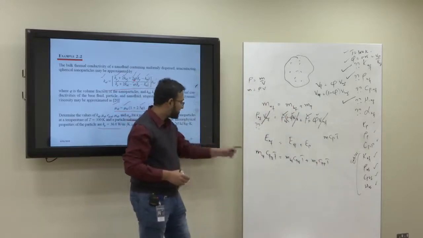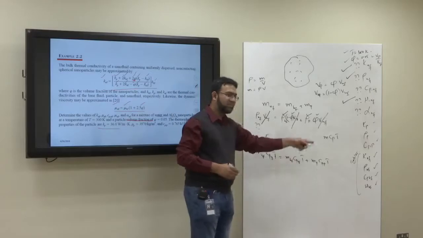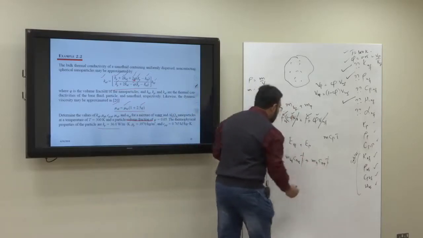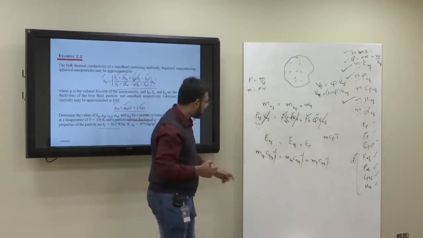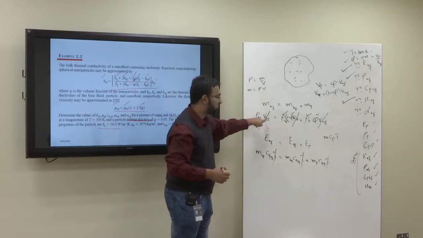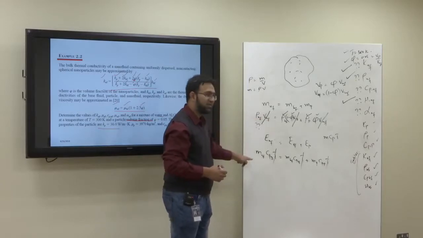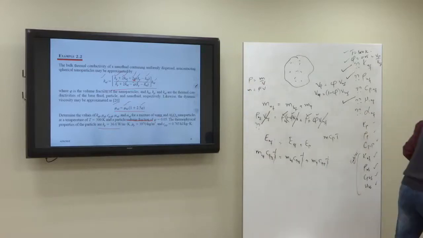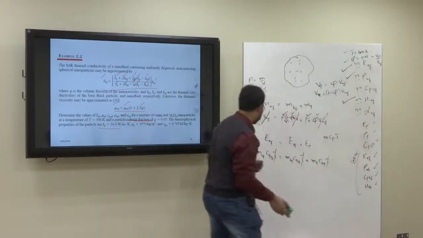And since T is common, I can cancel T. Also, the way we replaced mass with density, I can replace it here as well. I'm going to do it directly in one step.